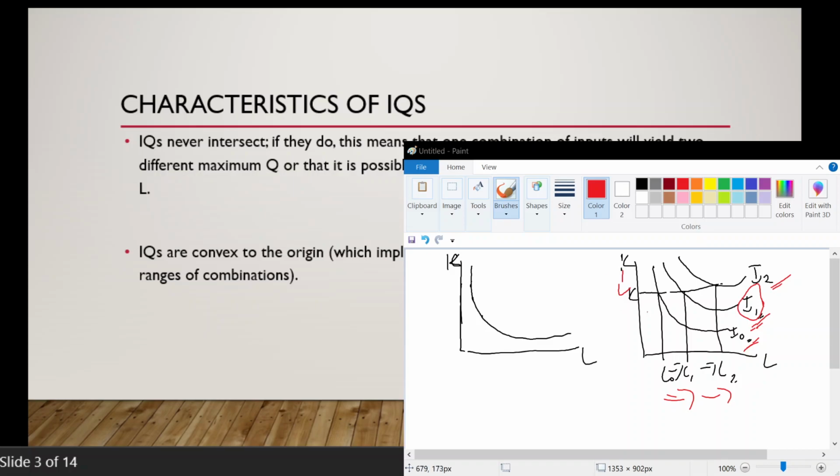So, kung makikita nyo, convex siya sa origin, which implies that inputs are not perfect substitutes for all ranges of combinations. Okay, so mamaya, makikita natin dun sa diminishing marginal rate of technical substitution, yung kailangan natin mabawas in order to add additional unit of the other input.